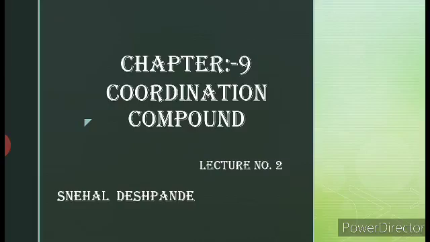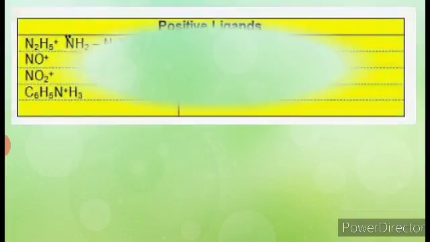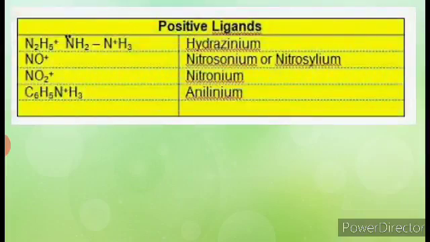In the last lecture I had told you that some cationic monodentate ligands are also there. Cationic ligands are very rare, but they exist. So today I am going to show you first the 4 examples of positive ligands. First is hydrazinium.